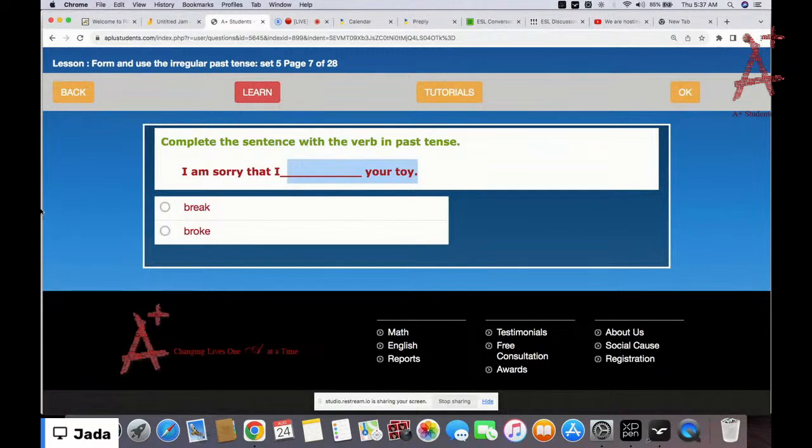Did I break or did I? I'm sorry that I broke your toy or I'm sorry that I break your toy. So which is the answer here? Broke or break? So we have broke.